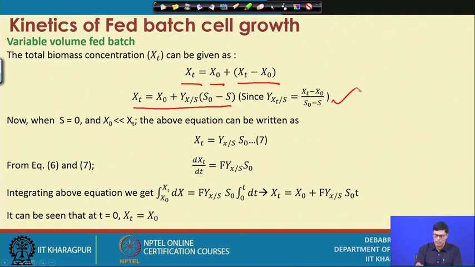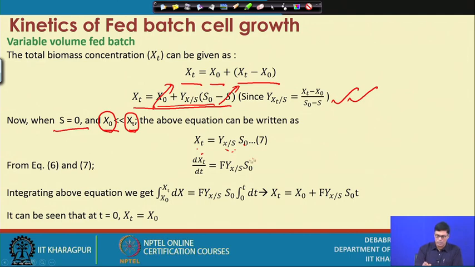This we have done before with the help of the yield coefficient. Now, when S equal to 0 and X0 is much less than Xt, so Xt, the total cell mass concentration, is very high compared to the initial cell mass concentration, then with this equation we can neglect this, and we can write Xt equal to Y x by s into S0.